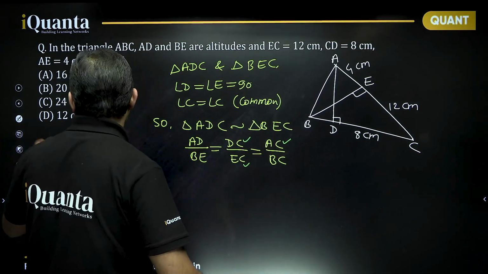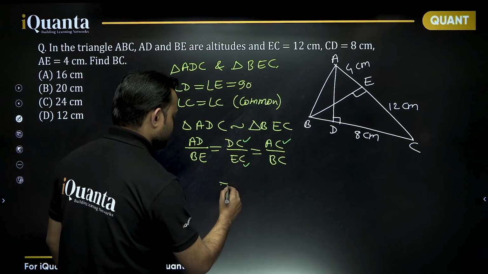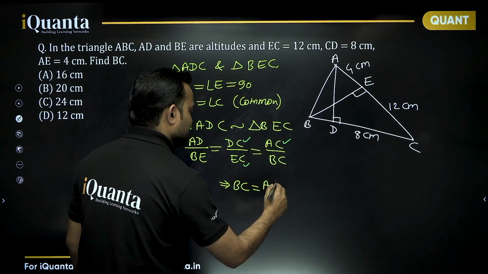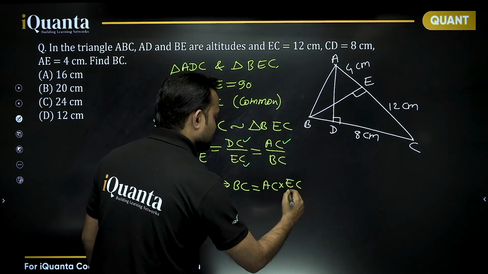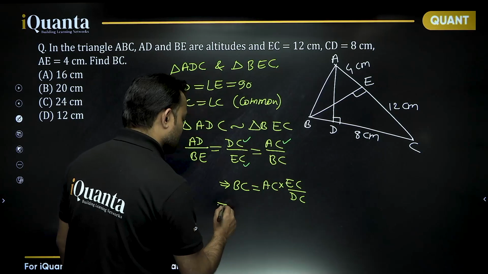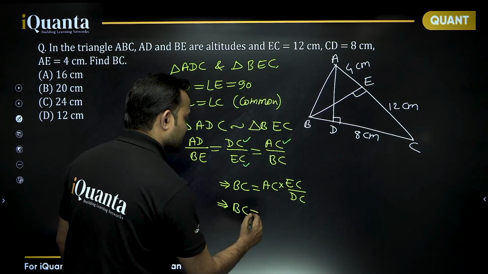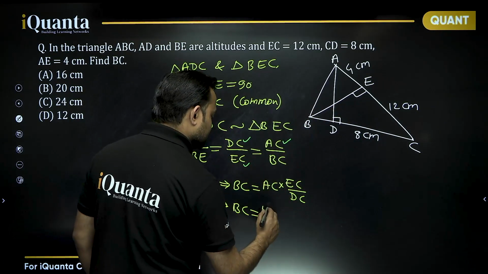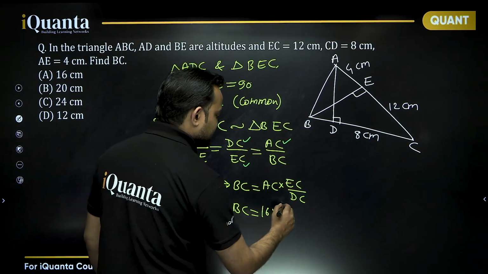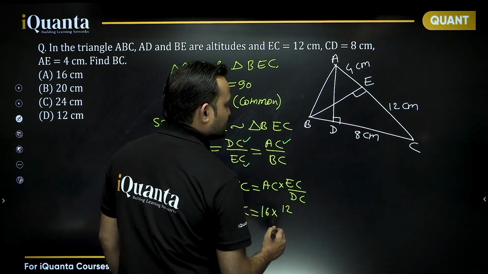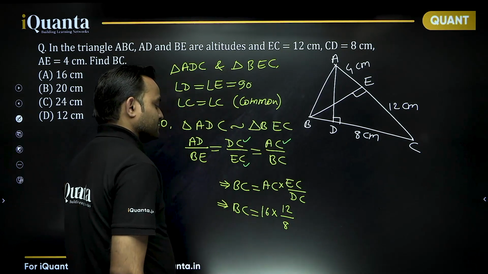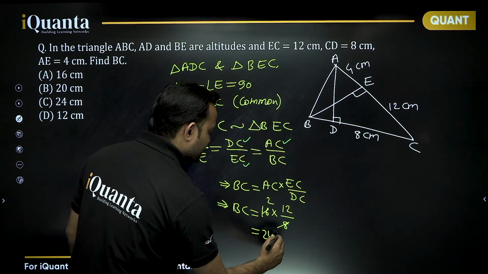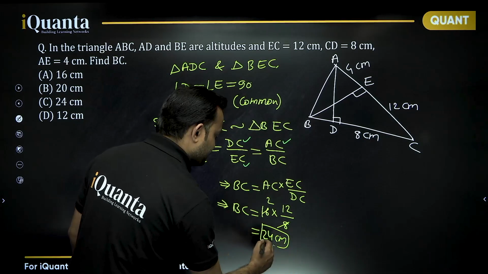So from here, BC will be equal to AC into EC divided by DC. What is AC? AC is nothing but 12 plus 4, 16. What is EC? EC is 12. And what is DC? DC is 8. So this gives us 12 into 2, or 24 centimeters. Okay.